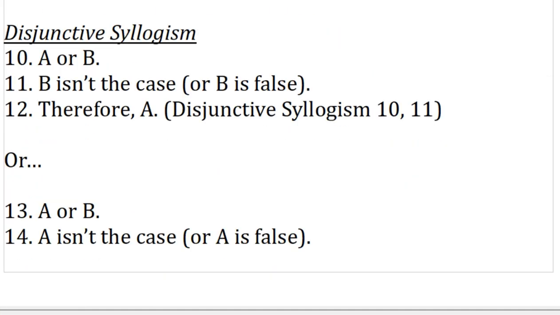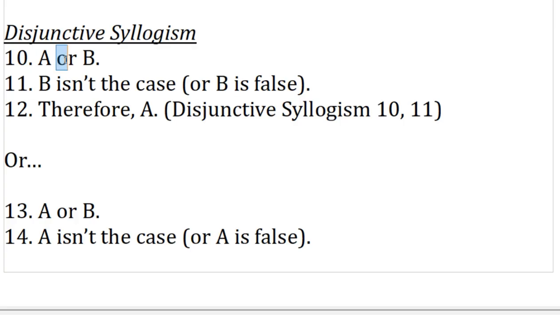Finally, our final rule, we have 4 rules, and we've looked at 3 of them so far. This is our final rule. This one is called disjunctive syllogism. This one is different because all the other rules involve at least one conditional, at least one if-then statement. But this rule doesn't have a conditional.